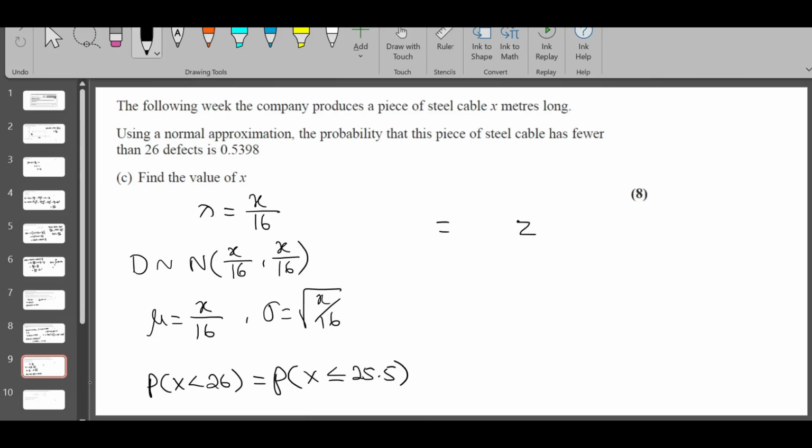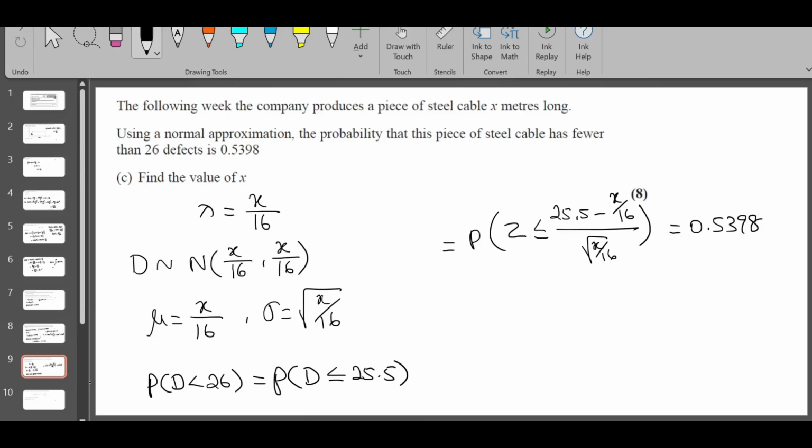Z is, you can write it as, this is D, so you need to put it as D here. Z is less than or equal to 25.5 minus mu over sigma. This probability is already given as 0.5398 in the question. They want you to find the value of X. Okay, you see, this is the left hand side area which is more than 0.5.